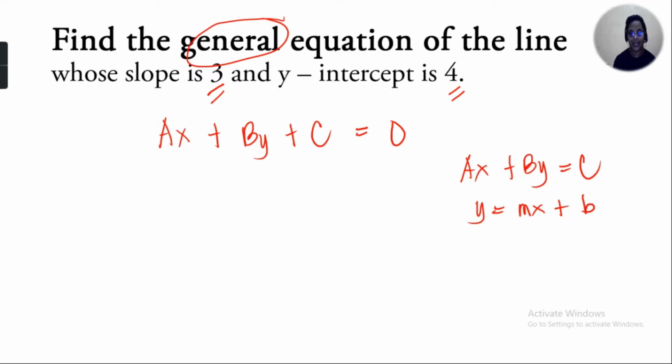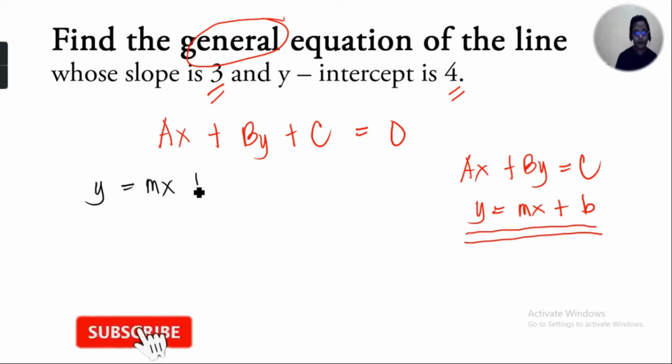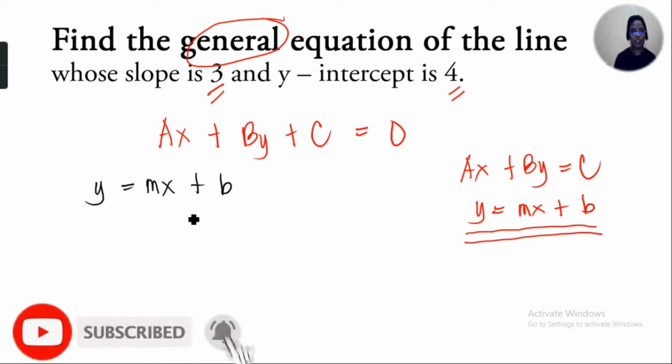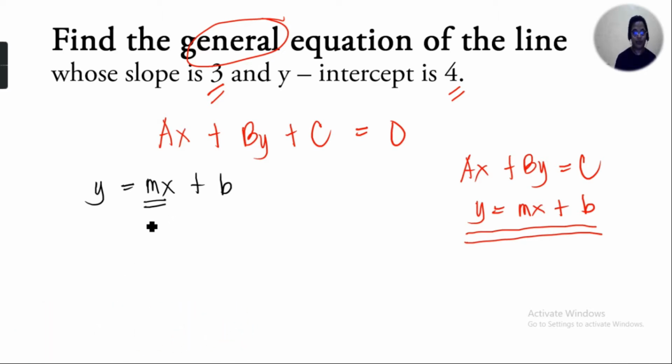So, ang ating gagamitin ay itong y is equal to mx plus b. Dito sa equation na y is equal to mx plus b, ang m refers to the slope and b refers to the y-intercept. So, lagi nating tatandaan na the value of m is equal to the slope and the value of b is equal to our y-intercept.